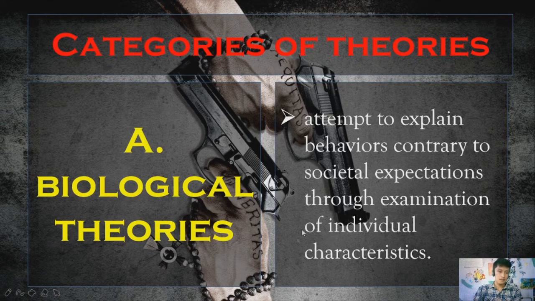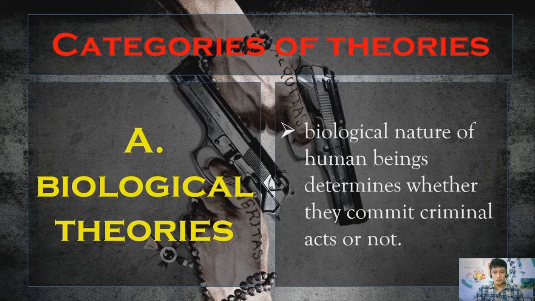Just take note, individual characteristics, or yung physical traits ng isang tao. And then nandyan din yung katawan, I mean body functioning ng isang tao, or the characteristics of the body of an individual, and so on. Biological nature of human beings determines whether they commit criminal acts or not. So that is for biological theories.